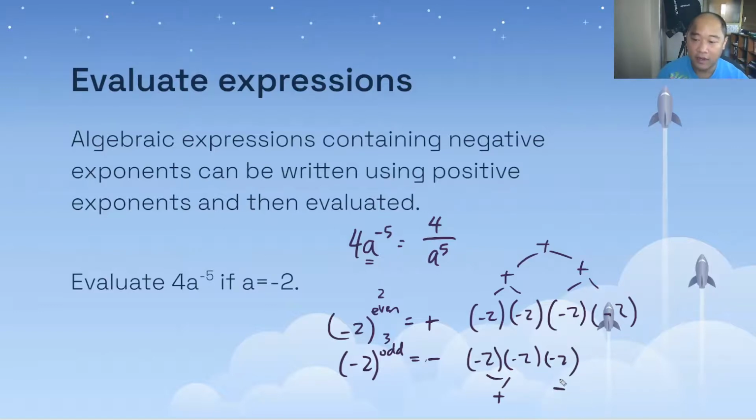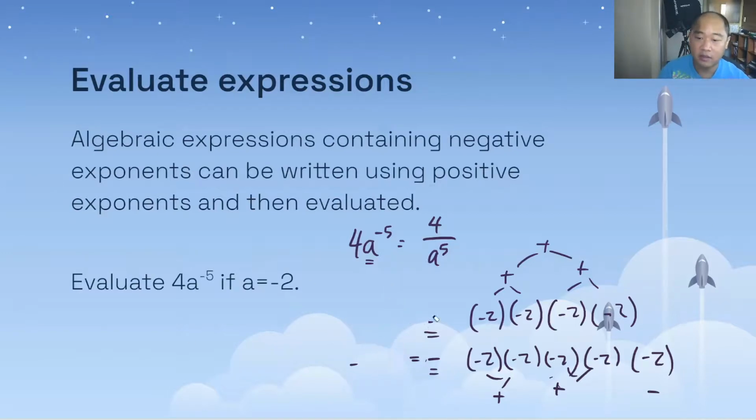And no matter how many of the positives you end up having, you always have one leftover negative, right? And so when you take a negative and a positive and you multiply it, you always get a negative. So if the power is even, the answer is positive. If the power is odd, then the answer is negative.